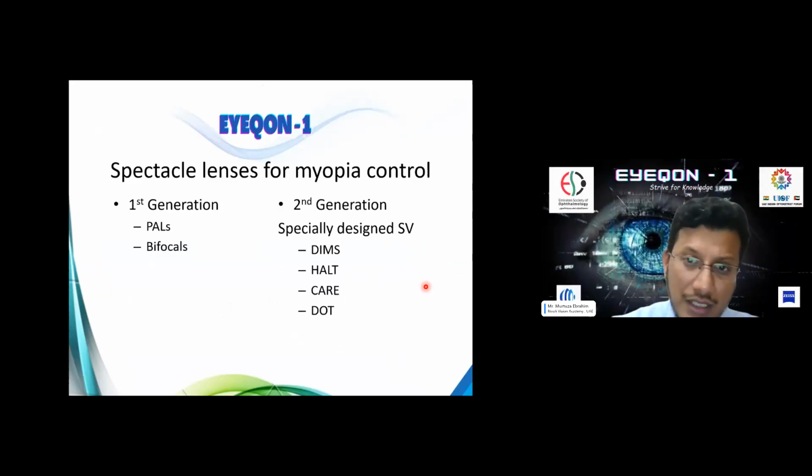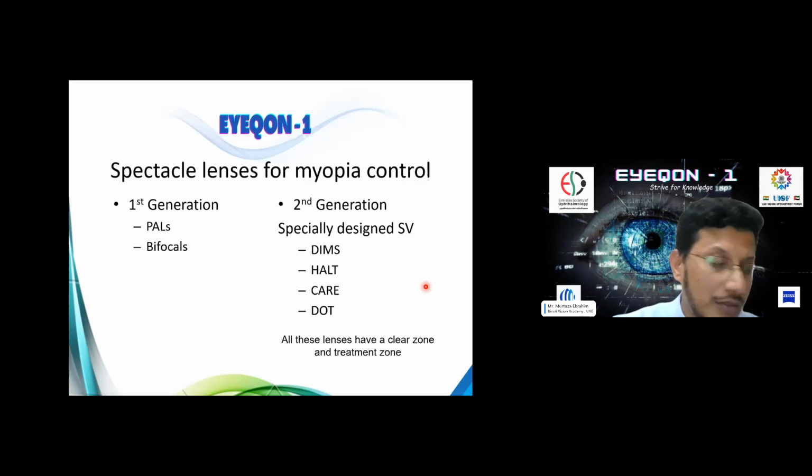We will be discussing these lenses: DIMS, HALT, CARE, and DOT. The CARE part I'll leave to my colleague Celine. Commonly for the second generation lens, there are 2 important aspects: one is the clear zone, which is central in the lens, and then a peripheral zone, which is a treatment zone. We will speak more about the concept of the treatment zone in the coming slides.